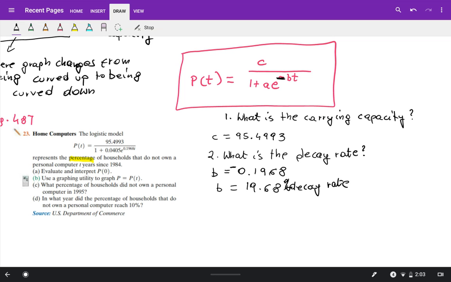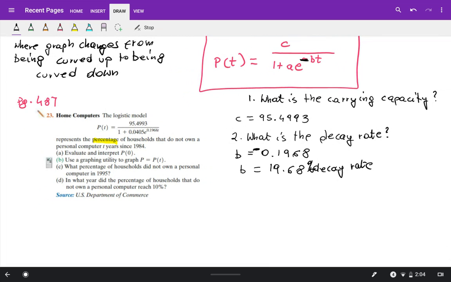Since we don't have a minus, B is definitely negative, because the formula is e to the power of negative, and negative 0.1968 together gives you that plus. So when you have a minus in the formula, your rate is the opposite of what you see. You see a positive number, that means your rate will be negative. When I talk about percentage, I put 19.68 decay rate, so I know that B is negative. That's just working with the formula.